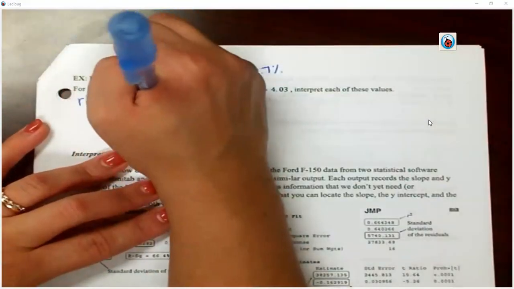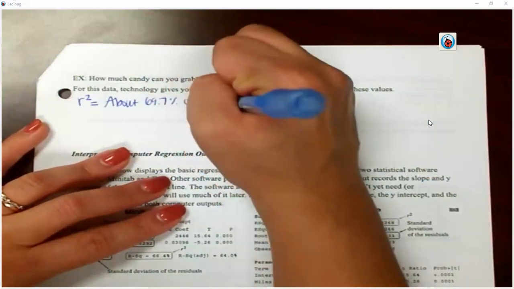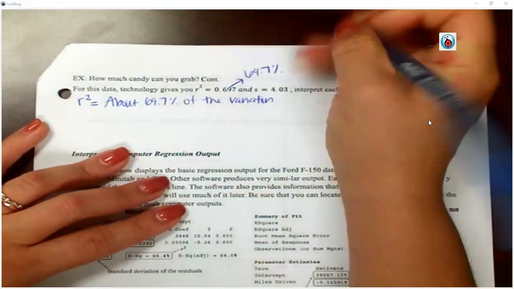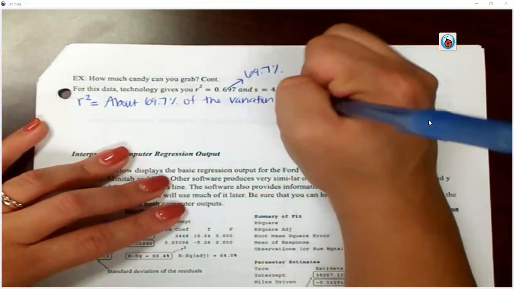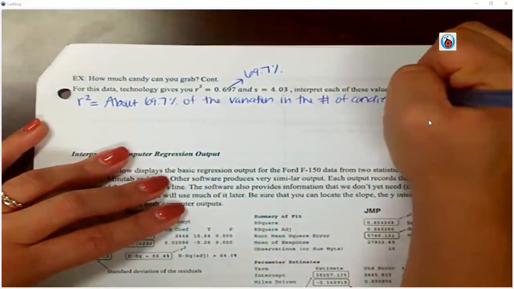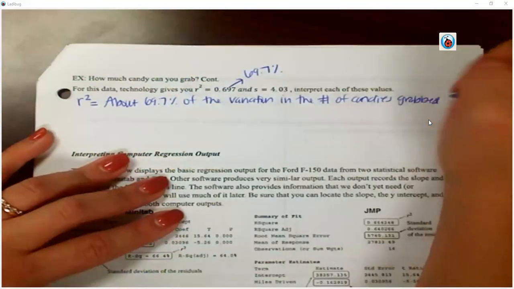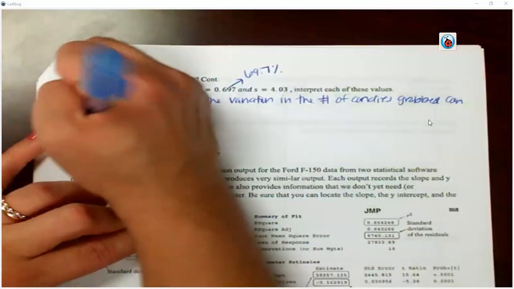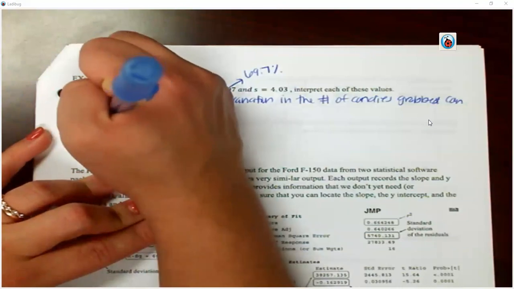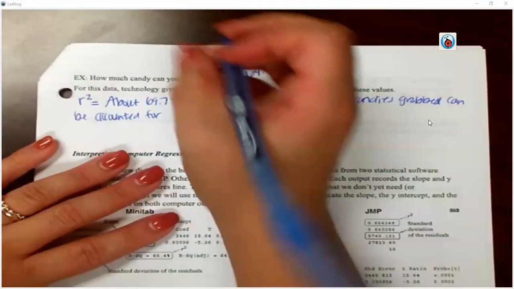So we're going to say about 69.7% of the variation in the number of candies grabbed can be accounted for by a linear relationship with handspan.